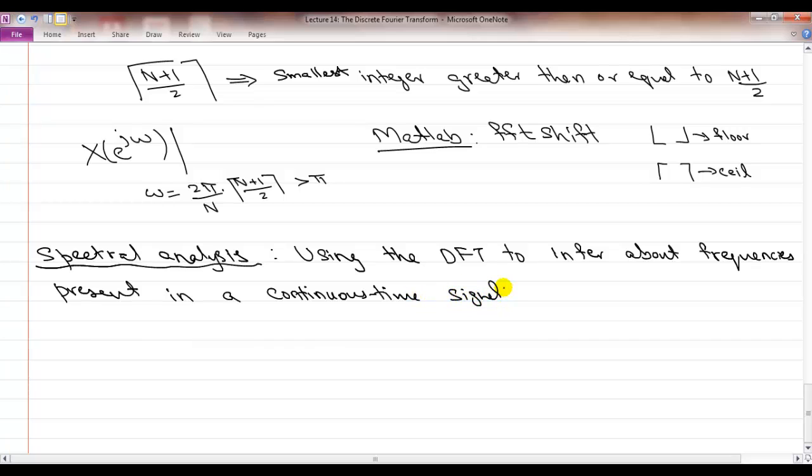An example will be, let's say you are interested in finding out how many Wi-Fi signals are present, or what are the different bands of the Wi-Fi that different routers are using. That's a continuous time phenomenon. Your routers are transmitting these RF waveforms which are living in certain frequencies.